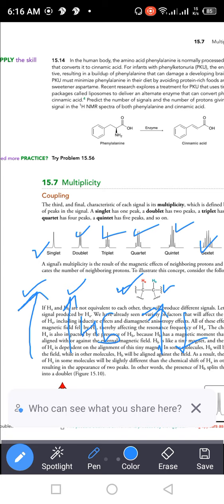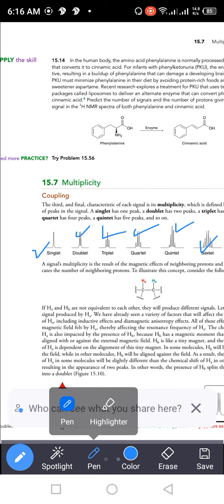The same is the case if we study the chemical shift of the HB proton with respect to HA. This was the case for the HA proton. Now if we talk about the HB proton, we are talking about the chemical shift of HB. We will look into how many neighbors the HB proton has.